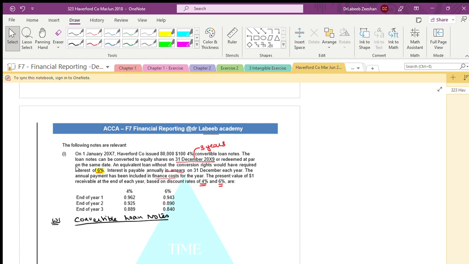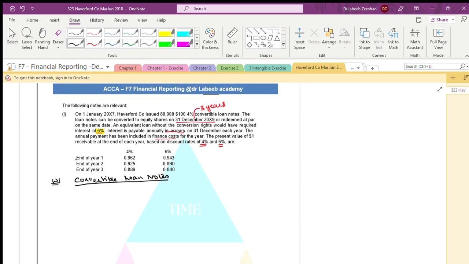Next, we'll do the payments. You have the discount rate. They are giving a 4% coupon, that 4% is the coupon amount. And what is the present value?